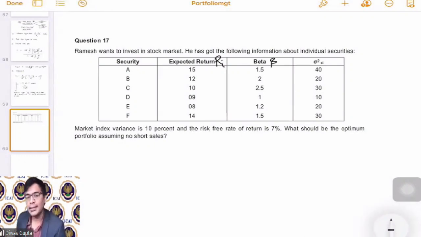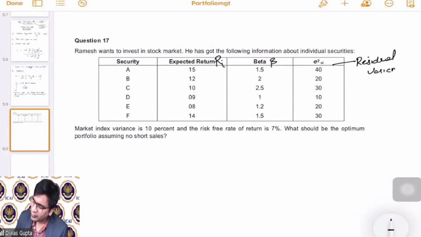And the unsystematic variance, which is the residual variance, is also given. Market index variance is 10%. So they are saying that market variance, not market standard deviation, is 10%. And the risk-free rate is 7%.